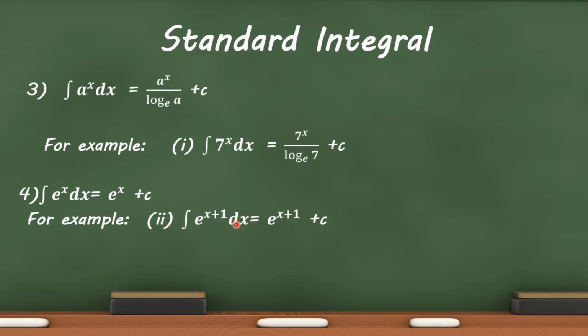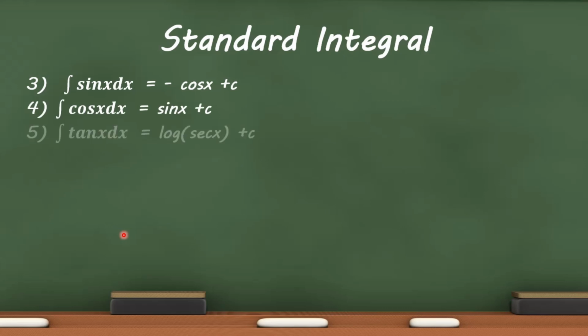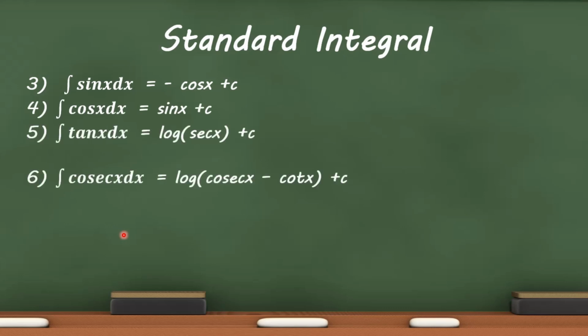Integration of e power x plus 1 equal to e power x plus 1 plus c. It means integration of e power x is e power x, and also you know the differentiation of e power x is also e power x. Now for trigonometric functions, differentiation of sin x is minus cos x.